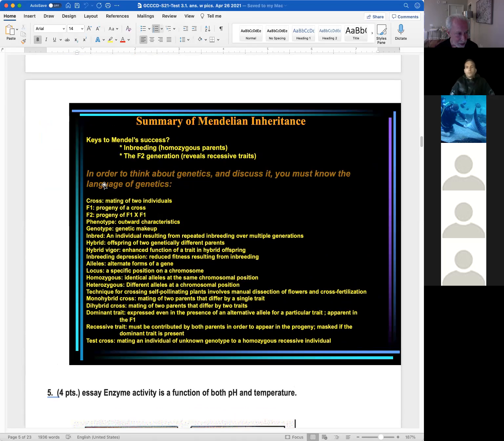And I made a statement here that in order to think about genetics and discuss genetics, you have to know the language of genetics. If you don't know what the terms mean, you get bogged down quickly, losing meaning. So I've got definitions of all these different terms that are all important in discussing genetic inheritance.